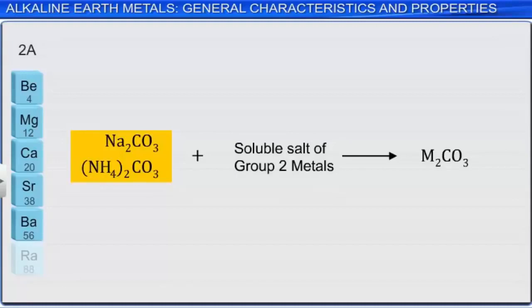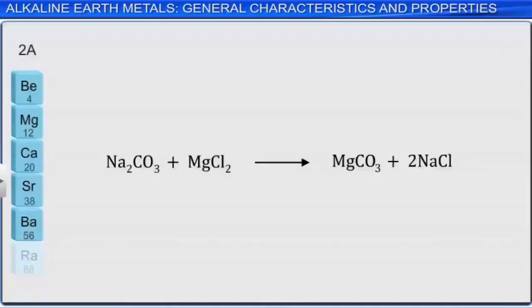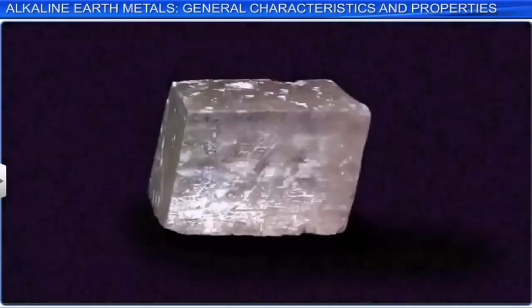The carbonates of the group 2 metals are insoluble. They can be prepared by reacting soluble carbonate salts, such as group 1 or ammonium carbonates, with soluble salts of the group 2 metals.